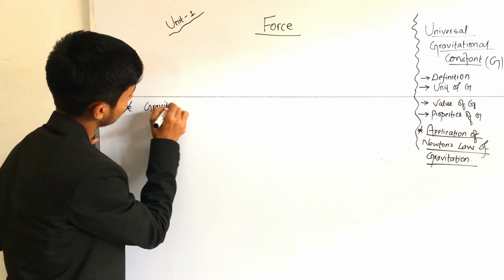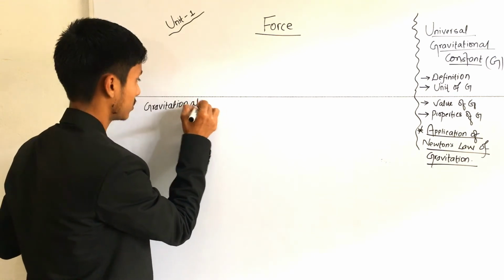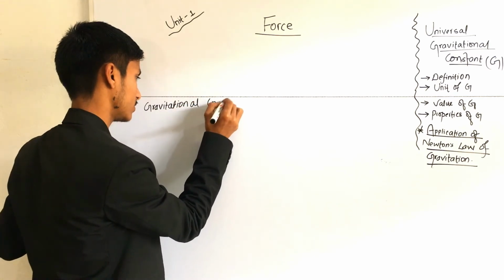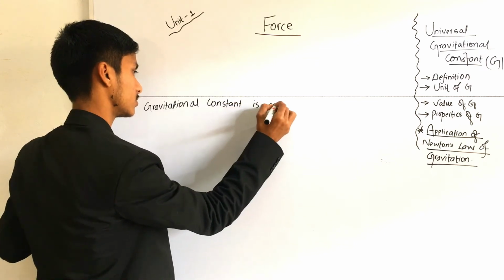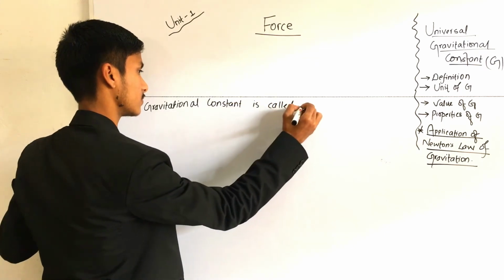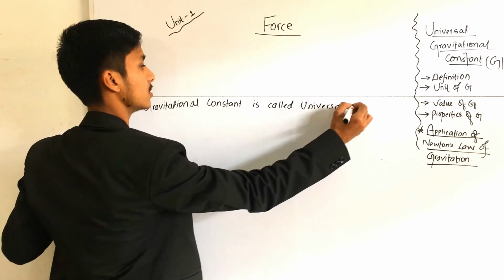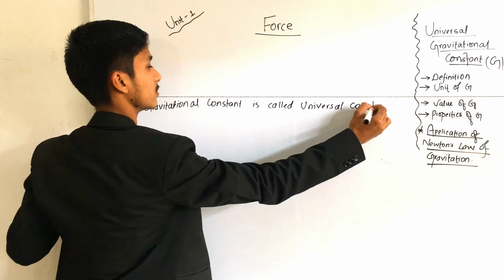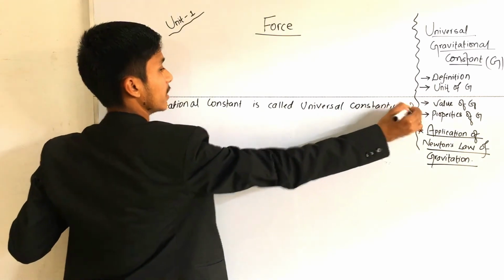Gravitational constant is called universal constant. Why?